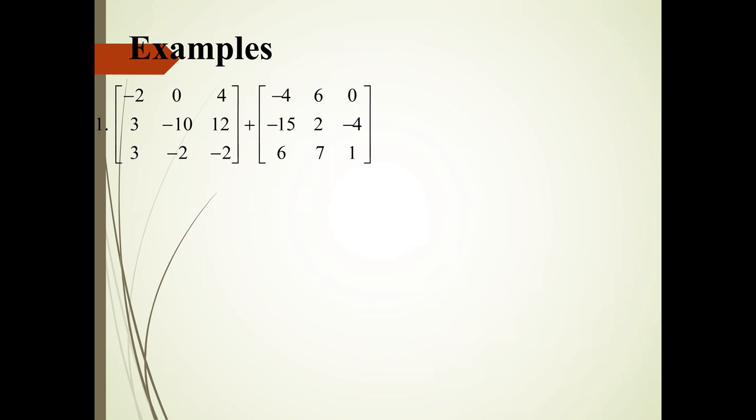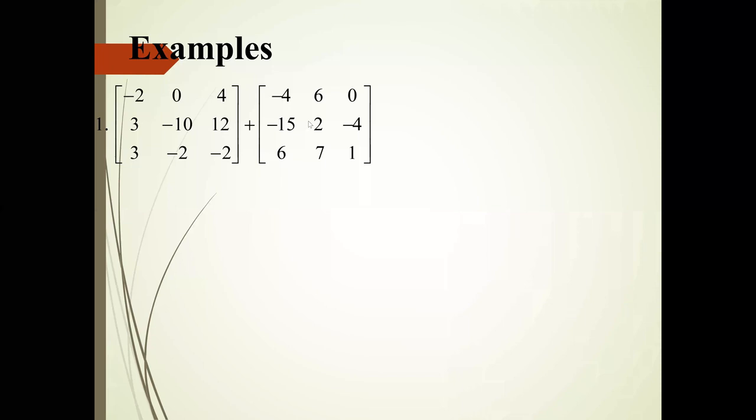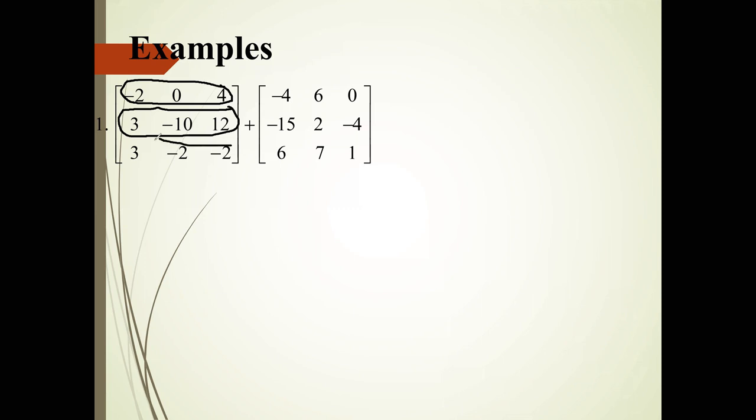Let's look at this example. So in this example, we have two matrices that we're adding. If you look carefully, the order of the first matrix would be 3 rows by 3 columns. Let's check. So here we have 1 row, 2 rows, 3 rows.